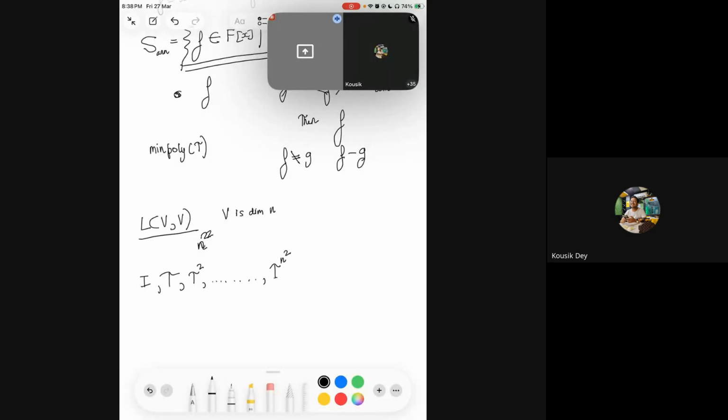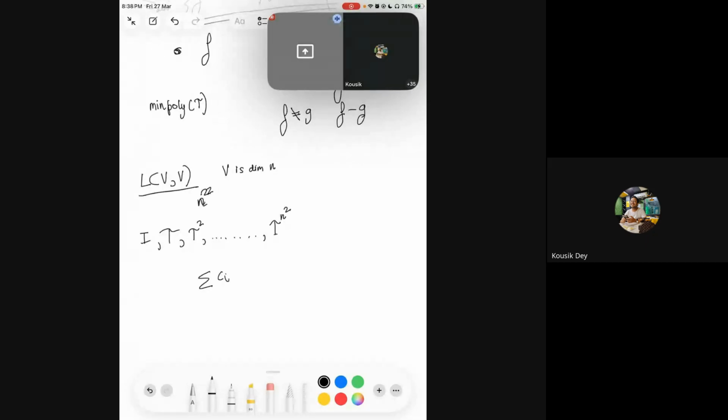How many elements are here? These are all in L(V, V). Can you tell me how many elements I wrote? n squared plus 1. Exactly. So they can't be linearly independent, right? No, sir. So there must be some relation.